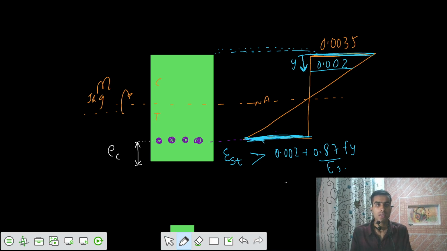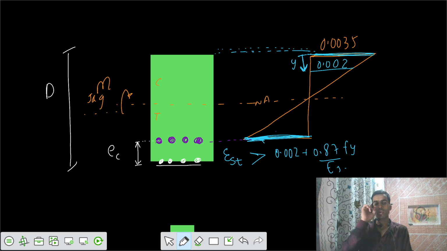If the section has a depth of D, why not keep the steel bars at the bottom part? Why are we keeping the bars at some particular location, at the effective cover, EC? Let's write that EC as effective cover.